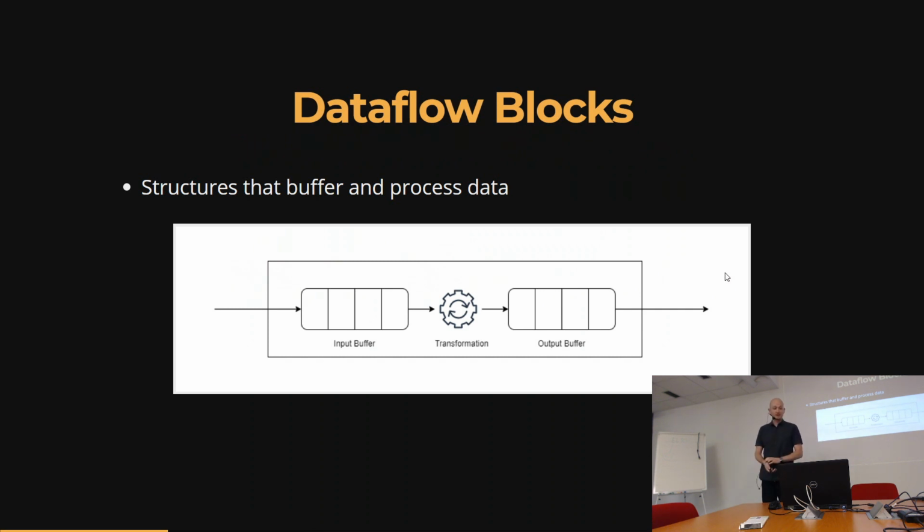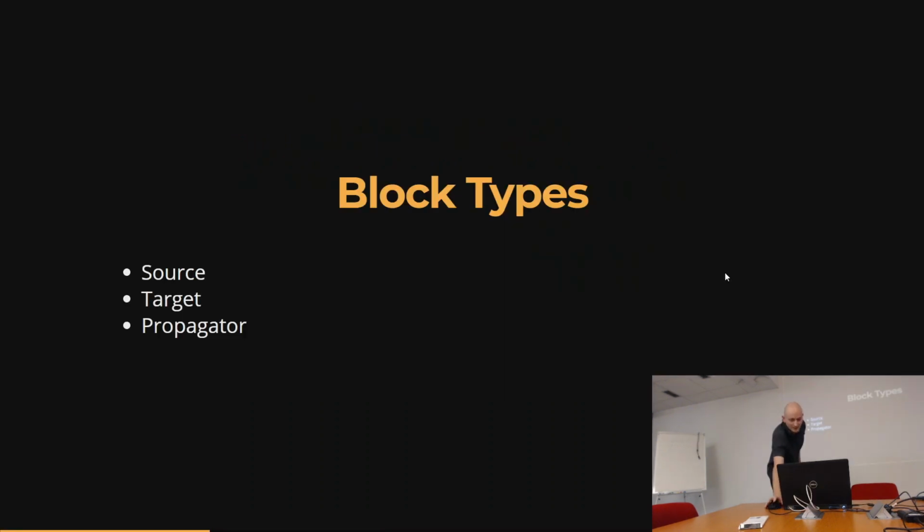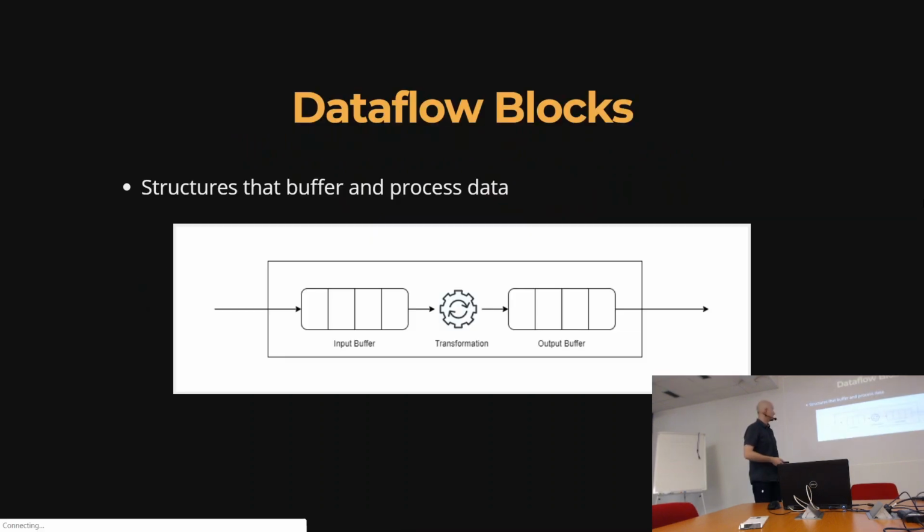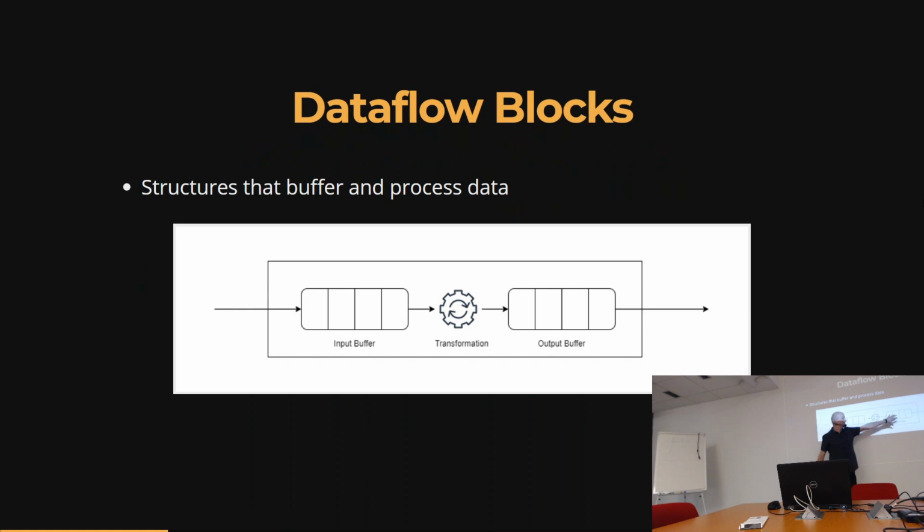This is the most general case and the most usual one. There are several types of these data flow blocks. There are so-called source blocks, target blocks, and propagator blocks. And the best way you can see them explained is again in this image. The source blocks only have the output buffer. So they are the start of your pipeline. They are the thing that generates the messages for the rest of the pipeline.